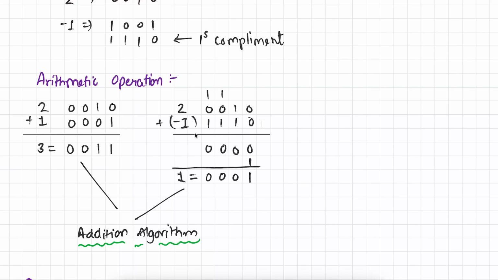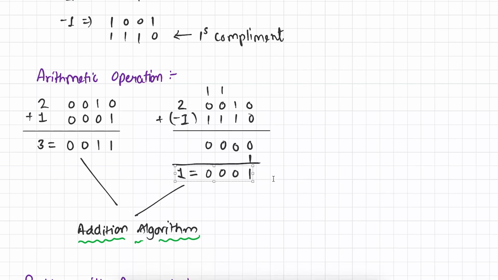We get 1 as an extra bit. So in this case, we simply move the 1 bit to the front, below the least significant bit, and we again perform the same addition. 0 plus 1 equals 1, 0, 0, 0, 0. So we get 1 as our answer and that is the perfect answer because 2 minus 1 is equal to 1.